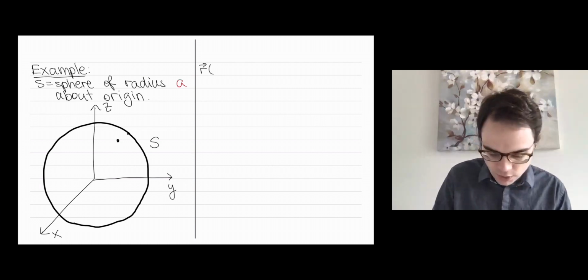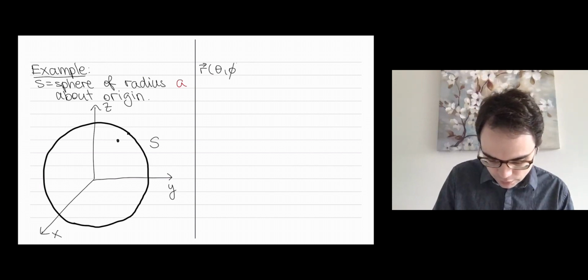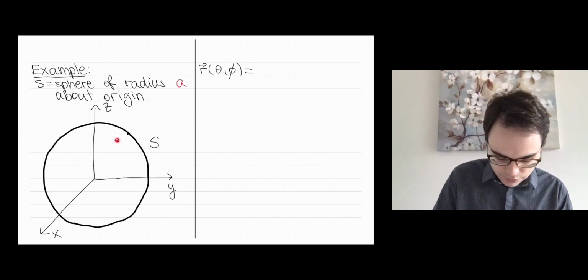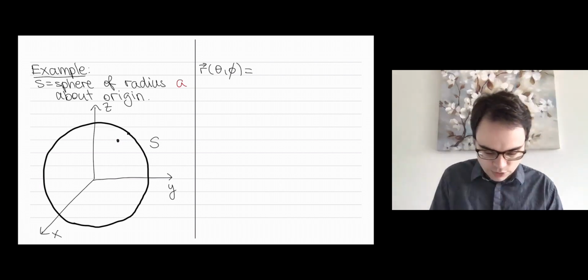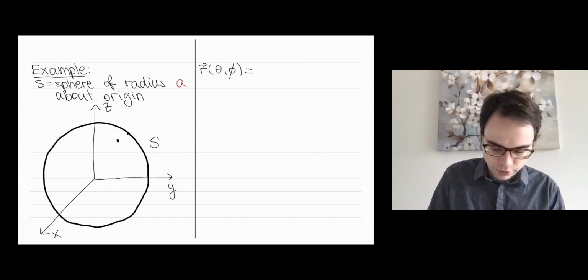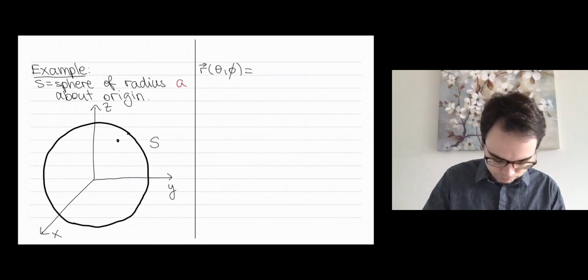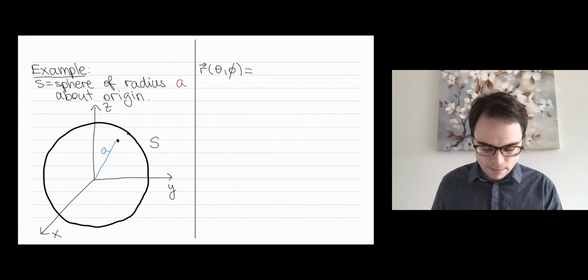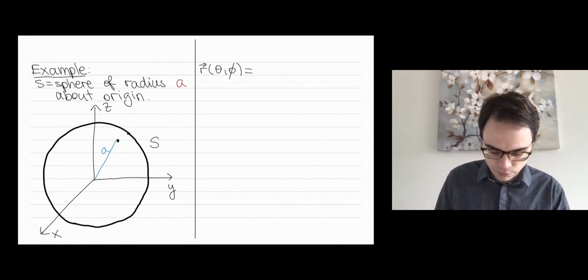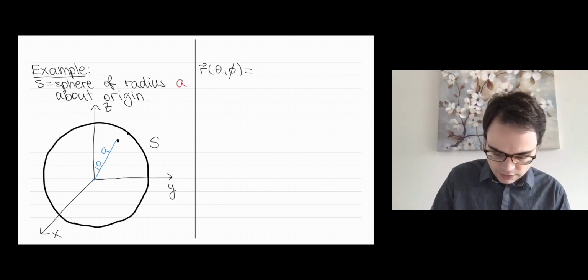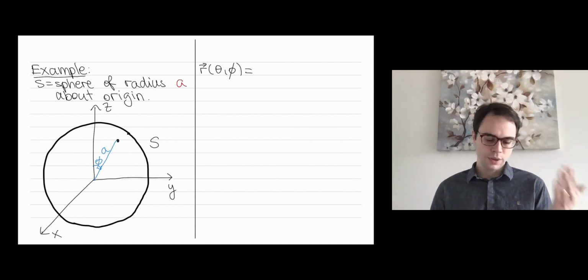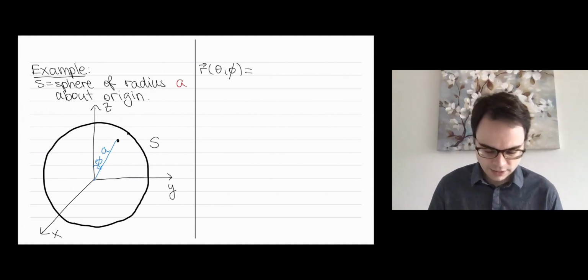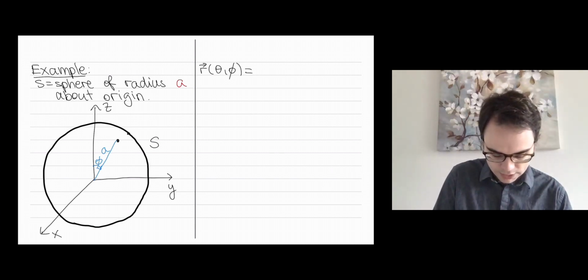Those were called theta and phi. If I want to tell you what this point is, I already know the distance from the origin, it's fixed, it's a. So I can just tell you what phi is, the angle with the z-axis, measured from the z-axis, and I can just tell you what theta is.